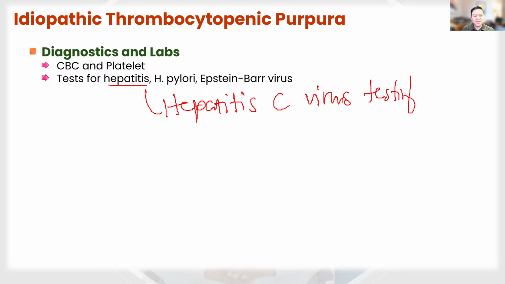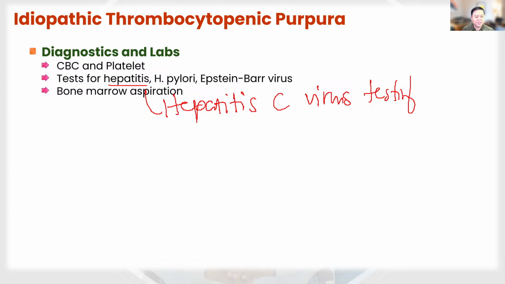Now, another test that will help in the diagnosis is the bone marrow aspiration. This is a very invasive procedure done in a surgical setting, okay? This can reveal the excess immature platelet forming cells.